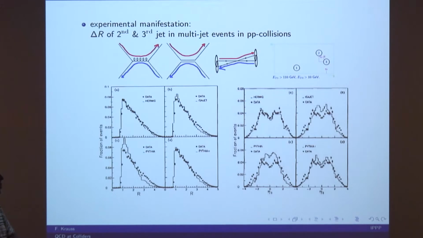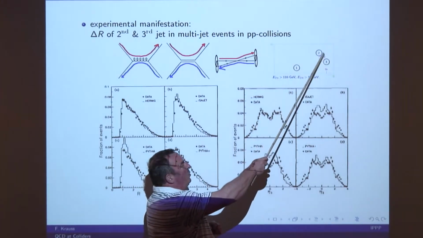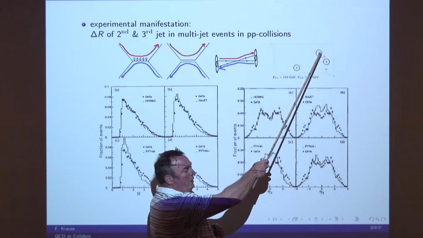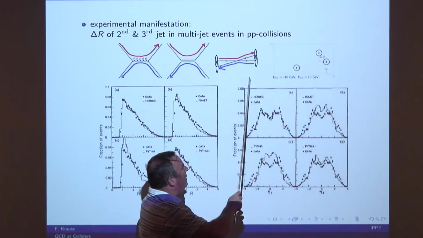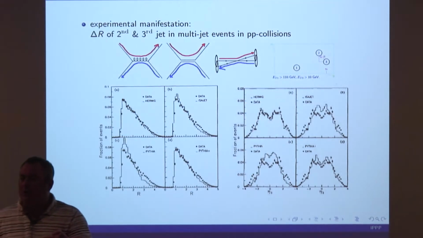Now what is clear is the following. The opening angle between those two guys has to be smaller not only than the opening angle between these guys, but you also have to take into account that at the Tevatron you have incoming color charges.